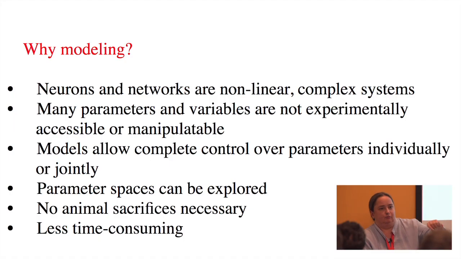You can vary parameters individually, unlike with dirty drugs, where you try to block just one ion channel but they interfere with other ion channels as well. In a model, you can change every single parameter individually, and that is often an important way to get a first insight into what these different components of the neuron do.